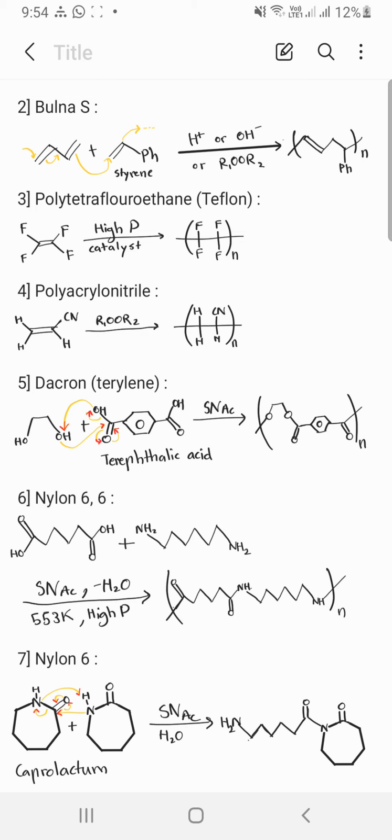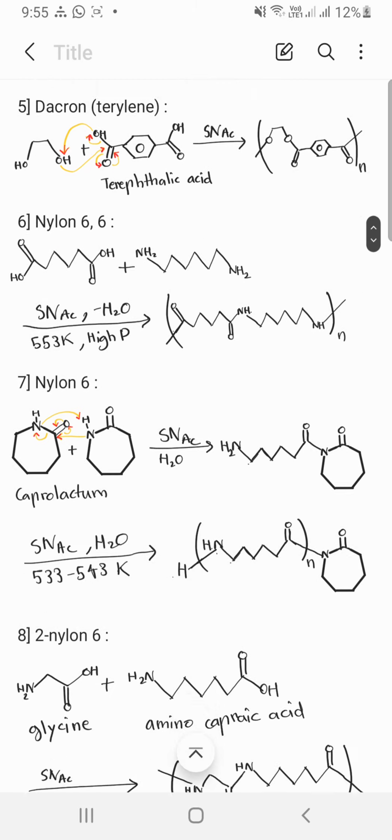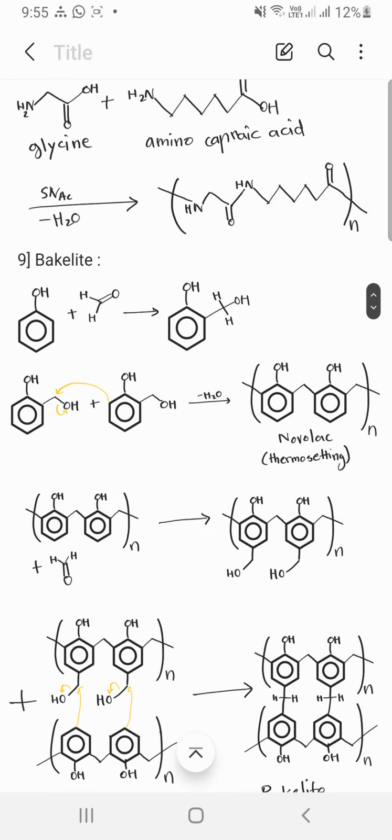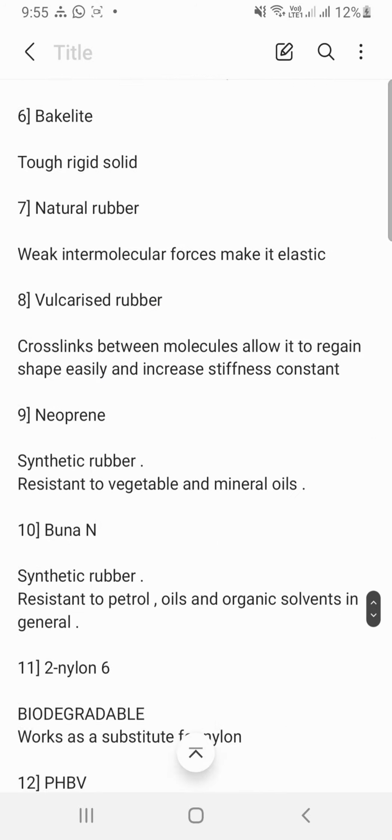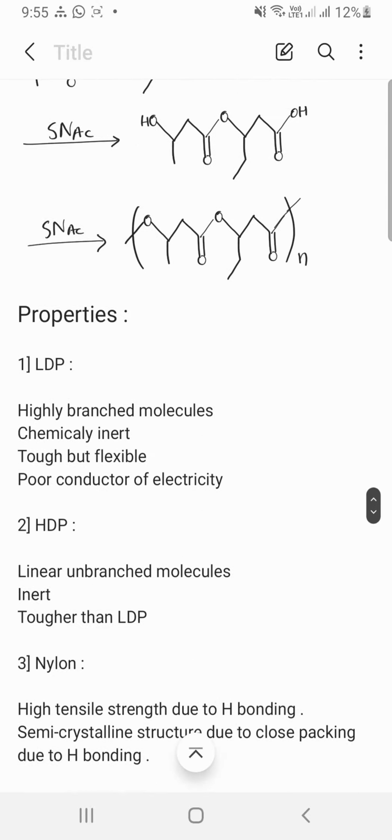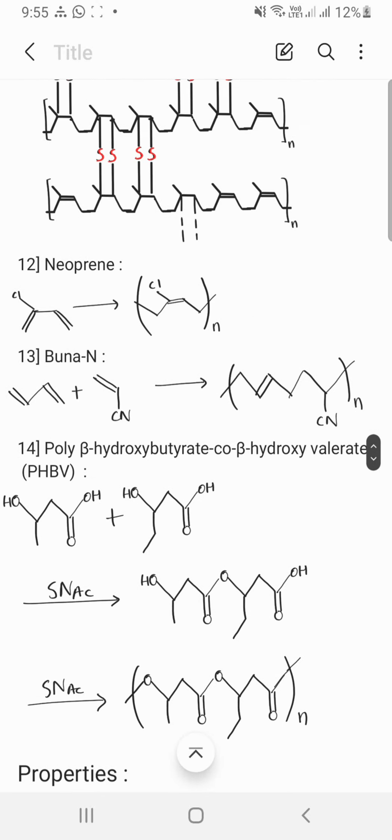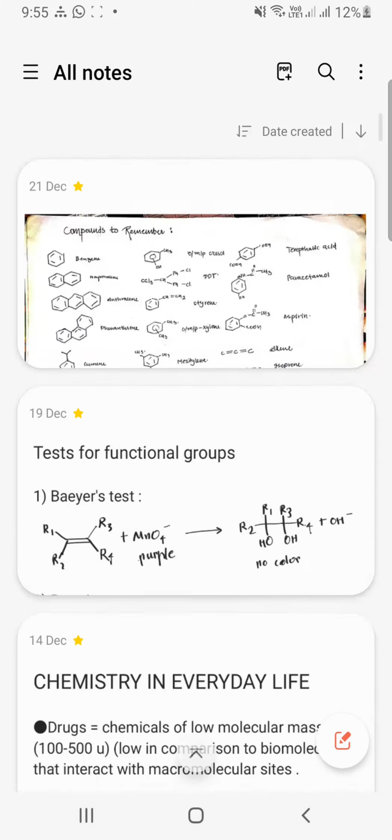This is styrene. Okay. This is too much. It's not going to be any useful if I keep talking about it. So yeah, we won't do it.